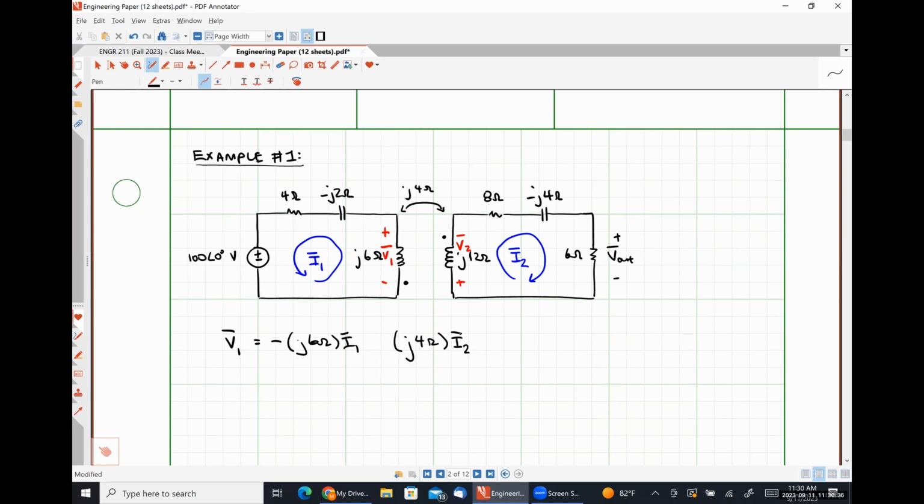And once again, we need to figure out whether or not the term is supposed to get a positive sign or a negative sign. So once again, the I2 is flowing into the terminal of coil 2. Positive sign or negative sign? Positive sign.